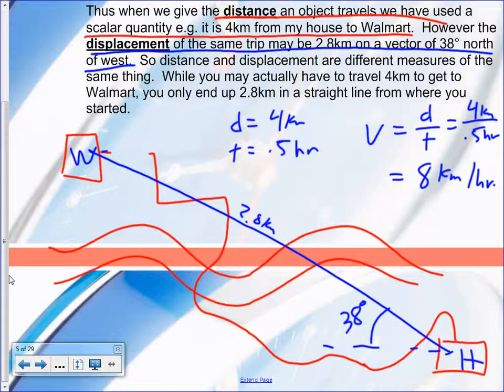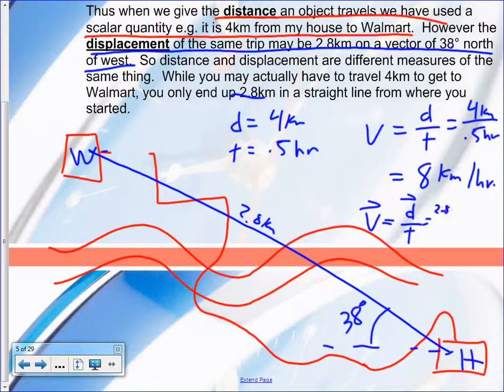Now, what's my velocity? No, my velocity is displacement over time. So what was my displacement here? Dom? Right, my displacement was 2.8 kilometers, 38 degrees north of west.